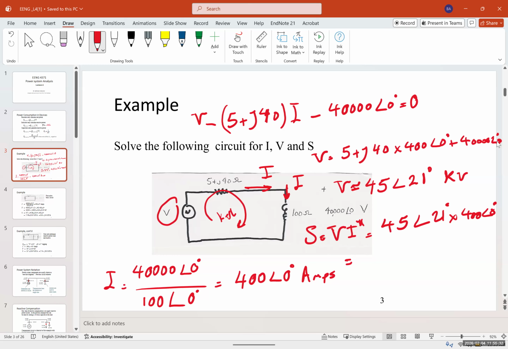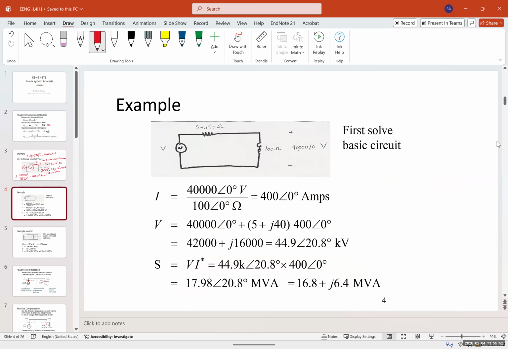So what did you find for this? If I want to round it up, it's going to be 18 with a degree of 21 degrees megavolt amps. Again, we rounded up everything.